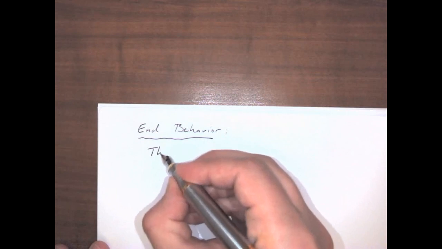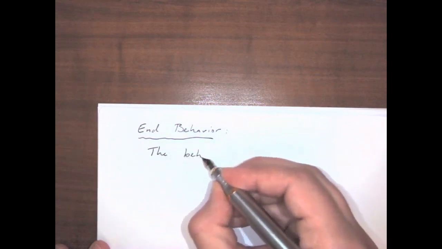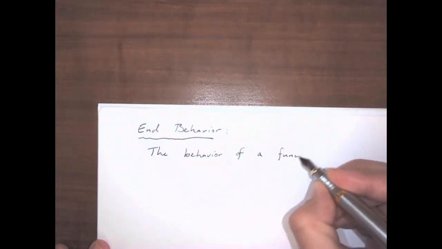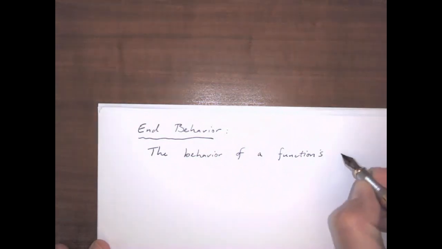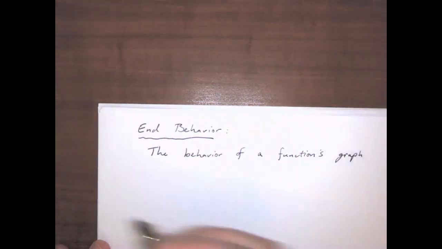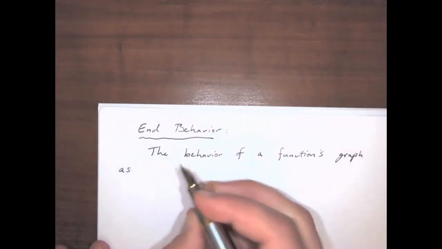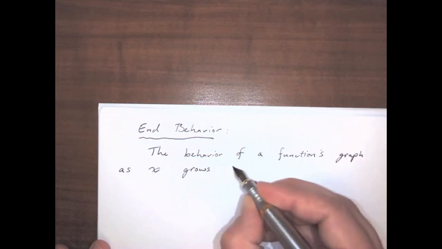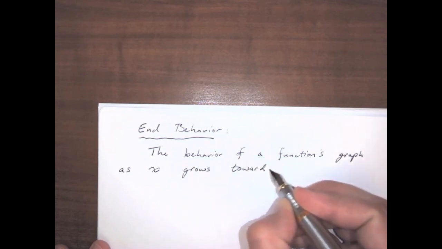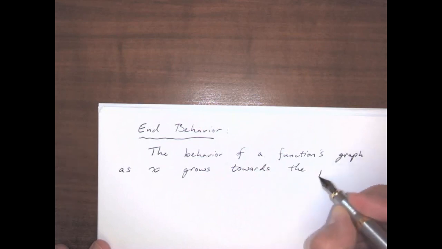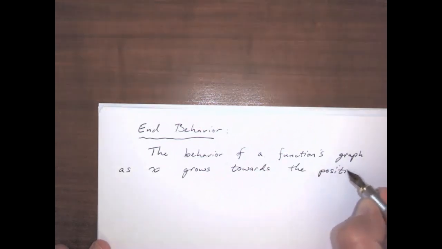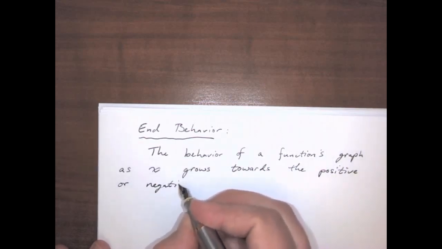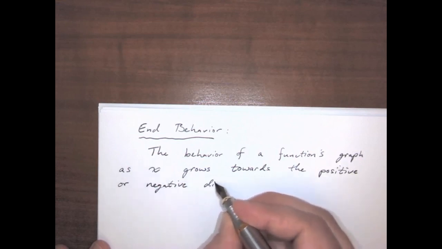So this is the behavior of a function's graph as x grows towards the positive or negative direction.